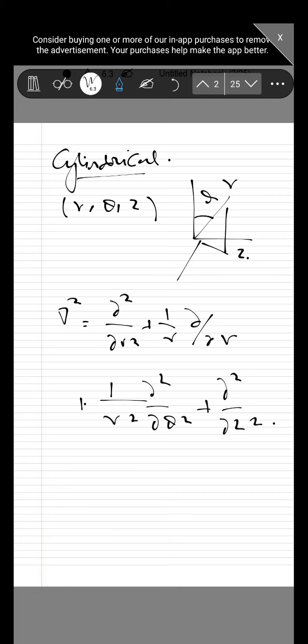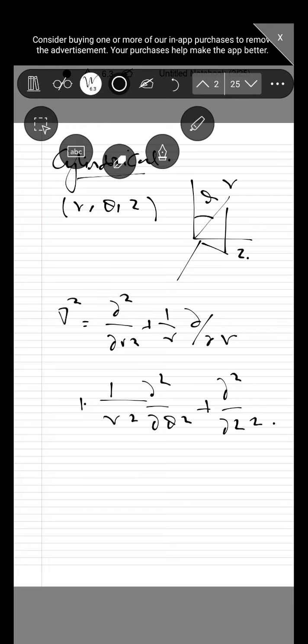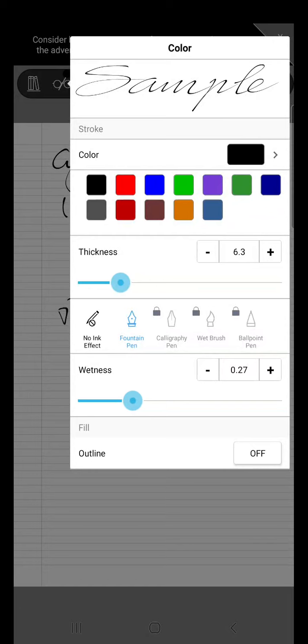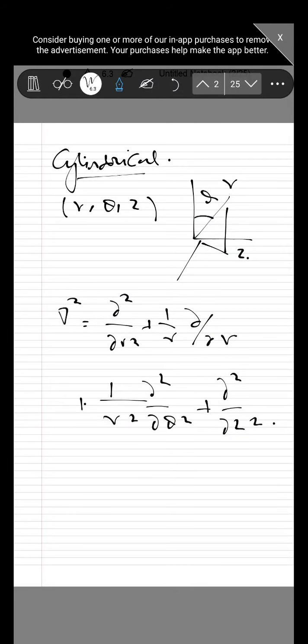But from that, in vector calculus, we have two very important theorems based upon these divergence and curl. The first one is called Stokes theorem.